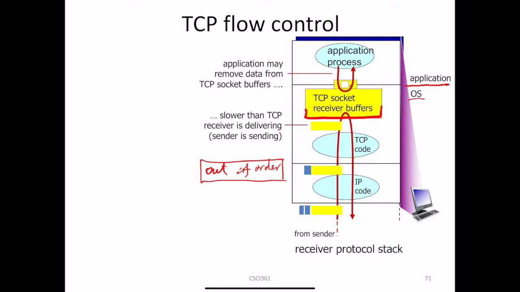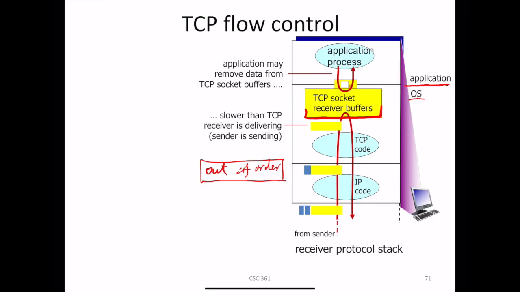However, all the segments stored in the TCP socket receiver buffer are in order. The purpose of this buffer is that the application's speed in retrieving segments from the transport layer may be slower than the arrival speed of in-order segments. Therefore, the difference of the segments will be temporarily stored in this TCP socket receiver buffer.